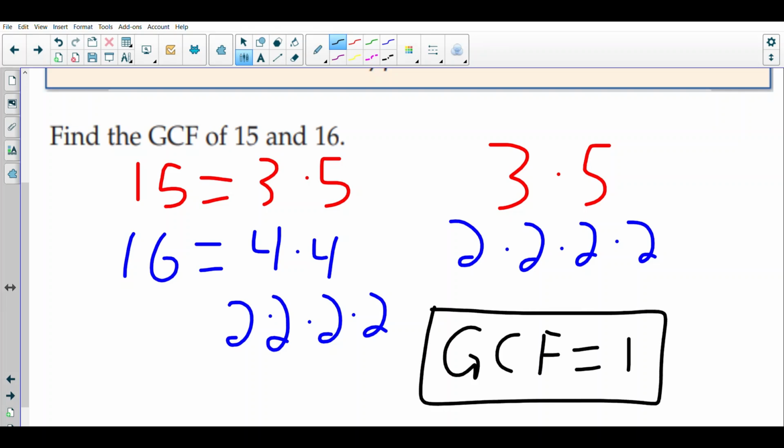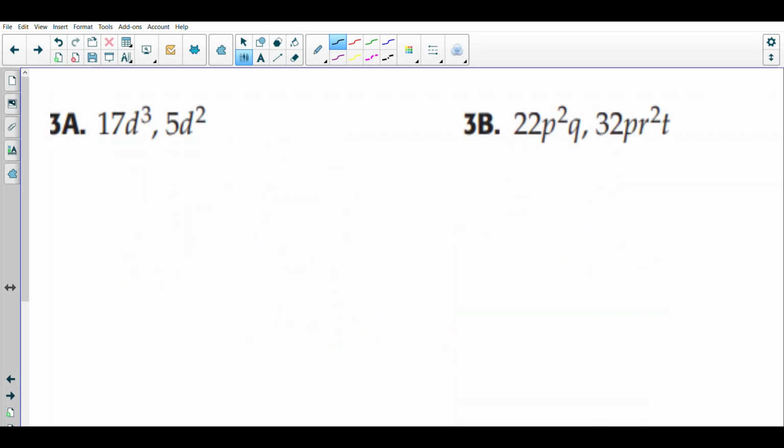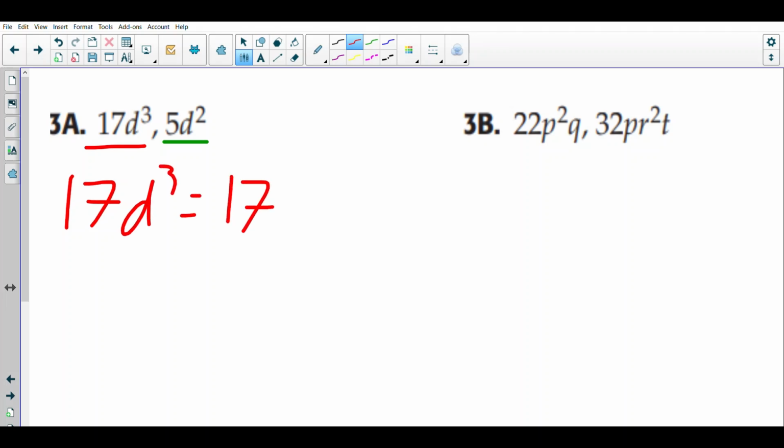All right, but now we're going to take that a step further, and we're going to look at two different monomials. So we have 17d cubed and 5d squared. For 17d cubed, well, 17 is prime, so it's just left as 17, and then d cubed really means d times d times d.